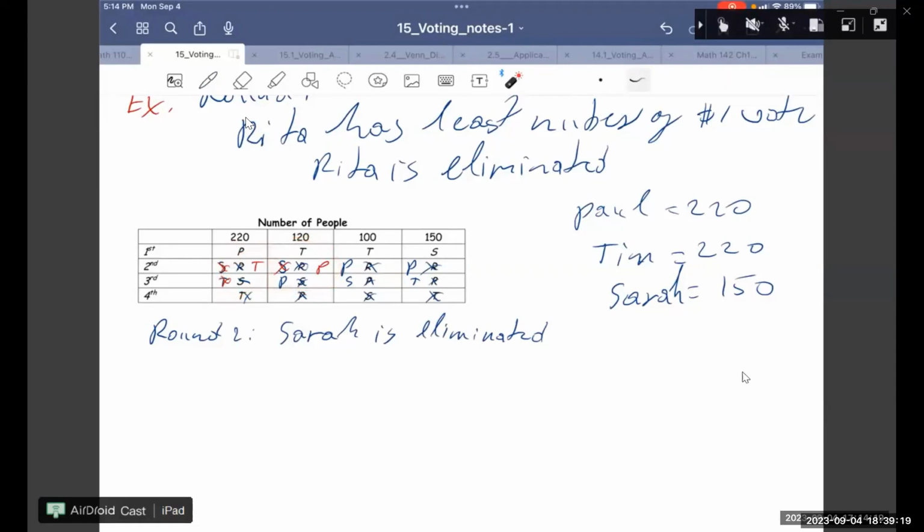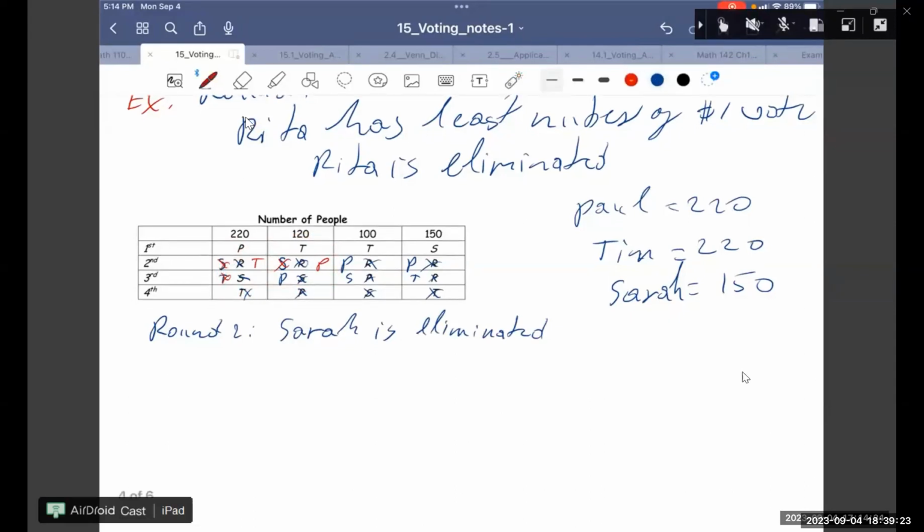Sarah is eliminated, so we have no Sarah here. So we can see the most in here is Paul, right?